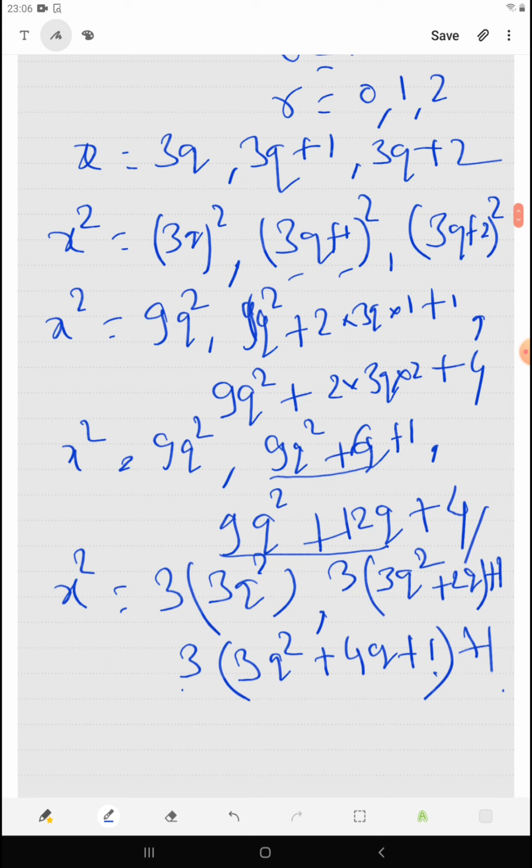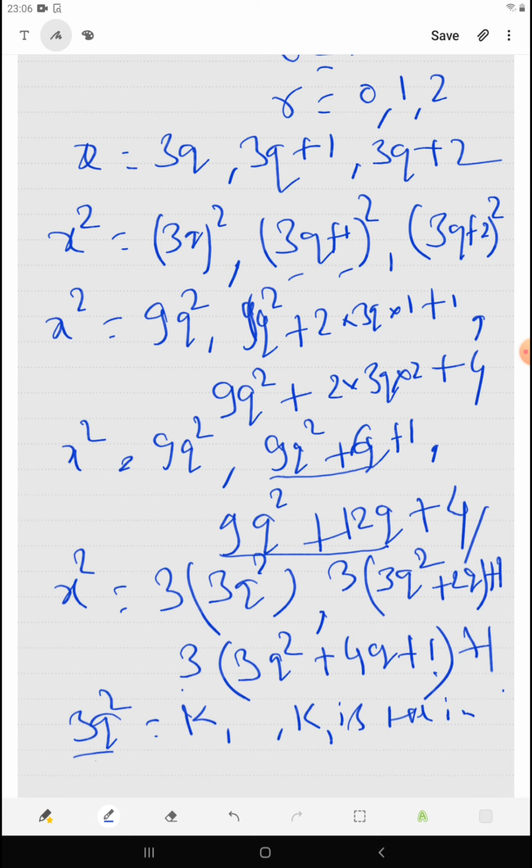Now since q is a positive integer, 3q square will be again a positive integer. So I can write 3q square equals m, where m is a positive integer. You can write k1, k2, whatever you want. Suppose I am writing k1, where k1 is a positive integer.